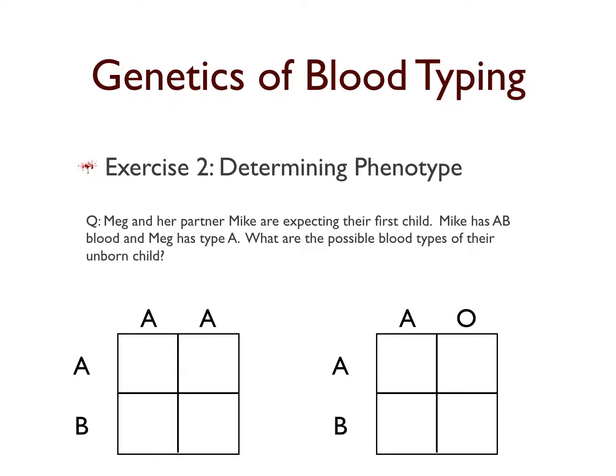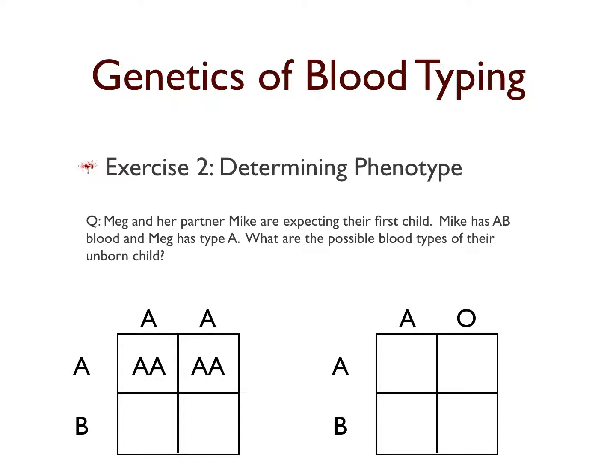From this point, we have to fill in each of the blanks in the square, and we do that by cross-multiplying across the square. So for our first blank, we have A times A, which gives us the genotype AA. In the second square, we also have AA.